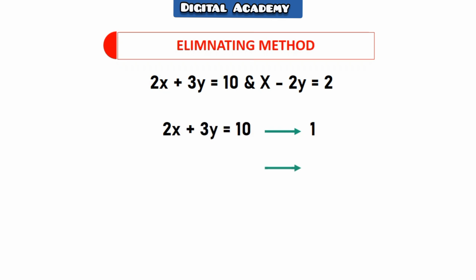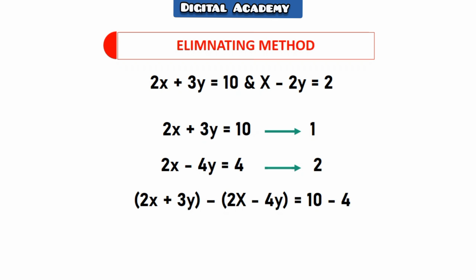We get 2x minus 4y equals 4. Step 2. Subtract the new equation from the first equation. 2x plus 3y minus 2x minus 4y equals 10 minus 4. We get 7y equals 6.